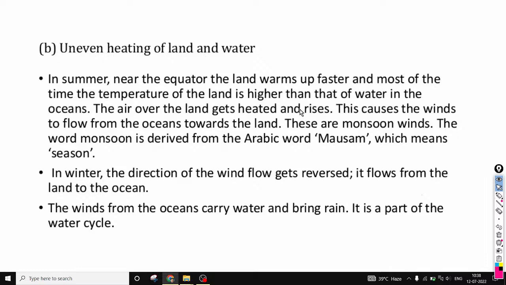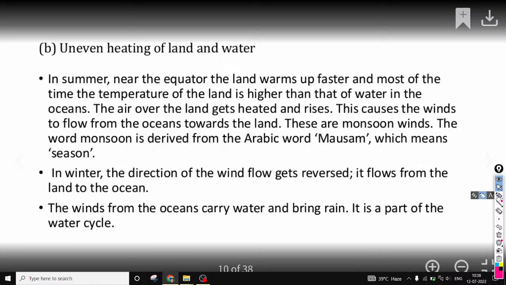Due to this uprising, the winds flow from the oceans towards the land, and these are monsoon winds. As you know, in the rainy season, the monsoon comes from the oceans.